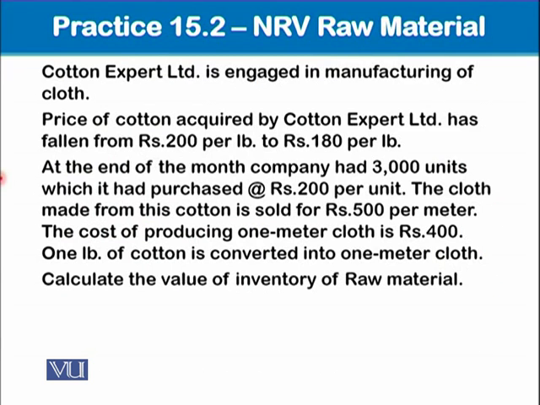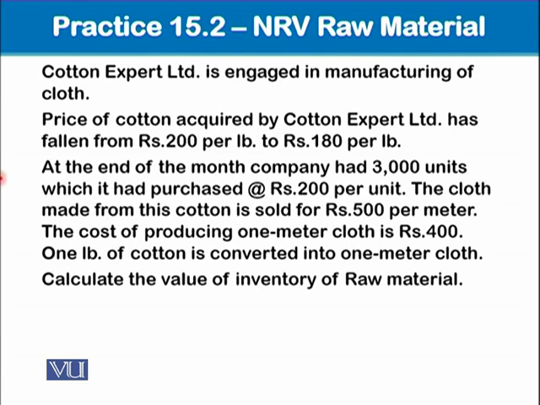Next is a practice question for calculation of NRV, net realizable value, of raw material inventory. In this question, we have Cotton Expert Company, which is engaged in manufacturing cloth. The price of cotton acquired by Cotton Expert Company has fallen from 200 per pound to 180 per pound.